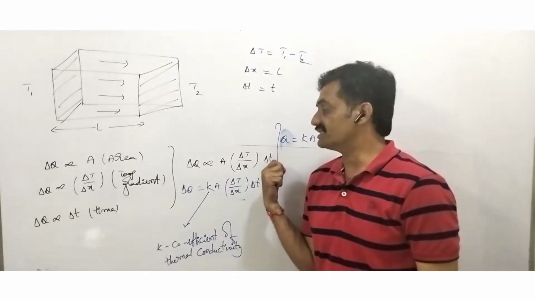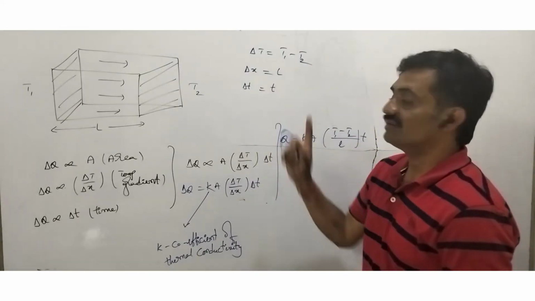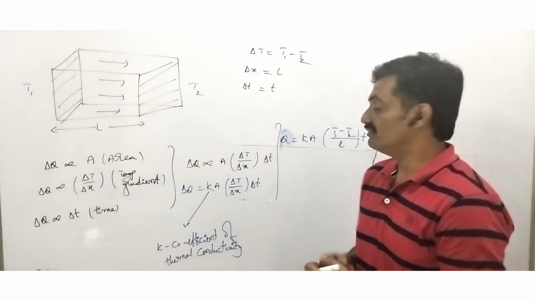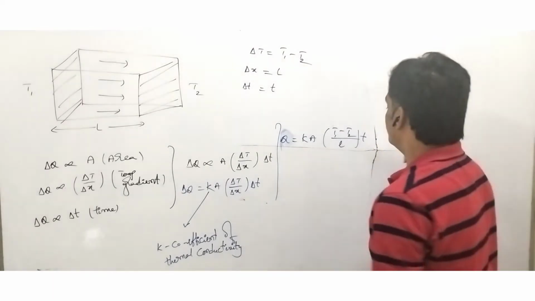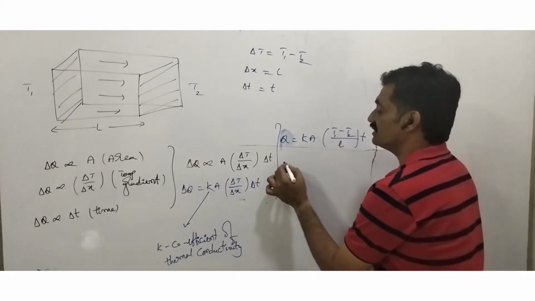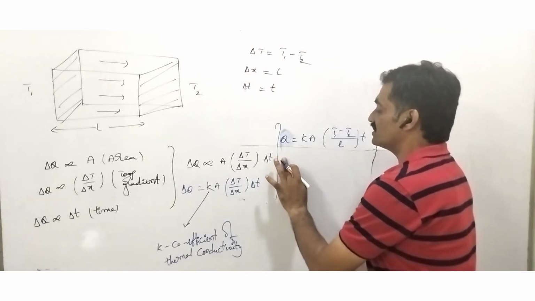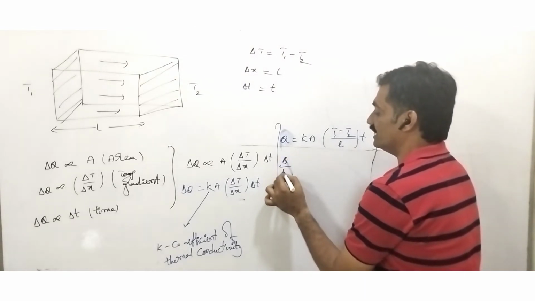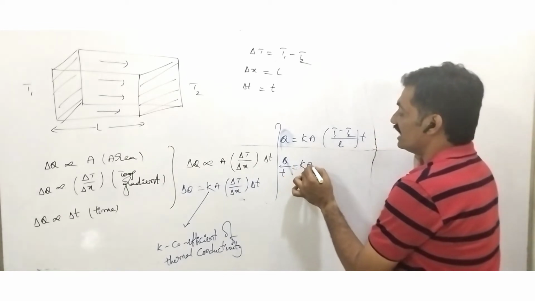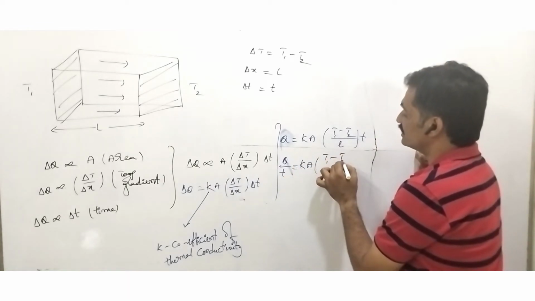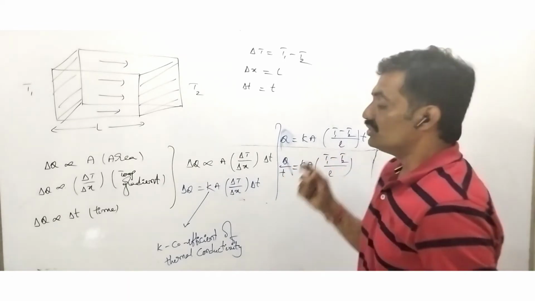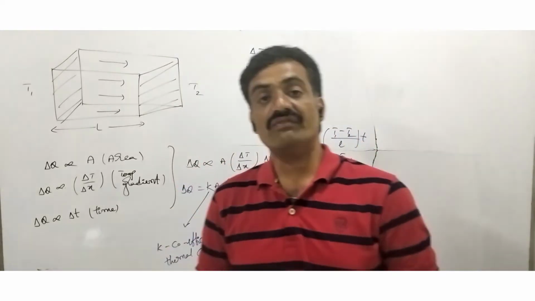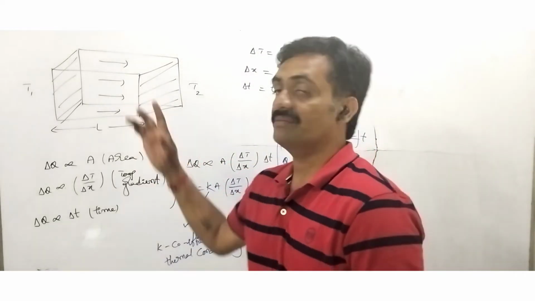This represents the expression in terms of the change in temperature with respect to time. When we bring t to the other side, the expression becomes Q by t equals K A into (T1 minus T2) by L, where Q by t represents the rate of flow of heat through a slab.